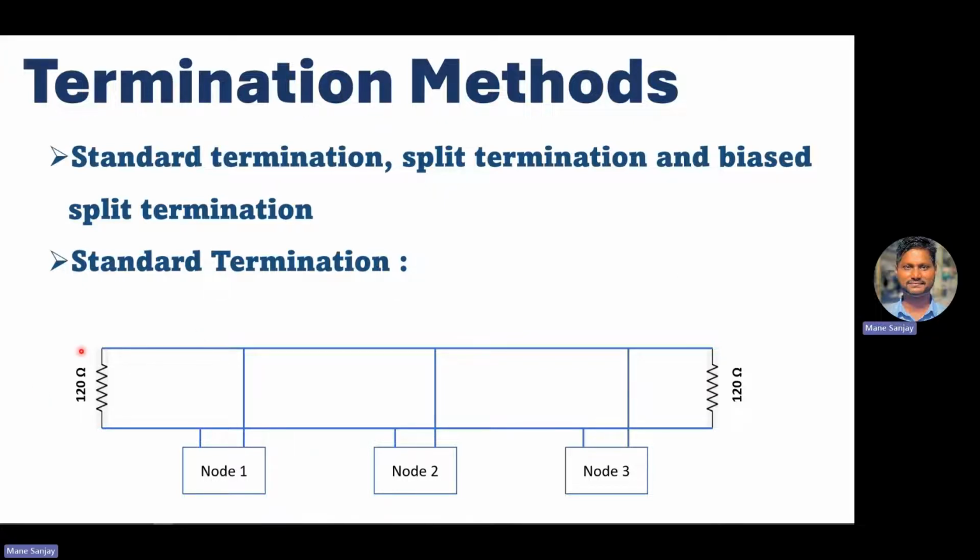You see here, we just have to place the 120 ohm termination resistance at both ends of the CAN network. Instead of saying the CAN network, I would refer to the main backbone. So here we have to place the 120 and here the 120. So this is a very simple network and a very commonly used termination method.